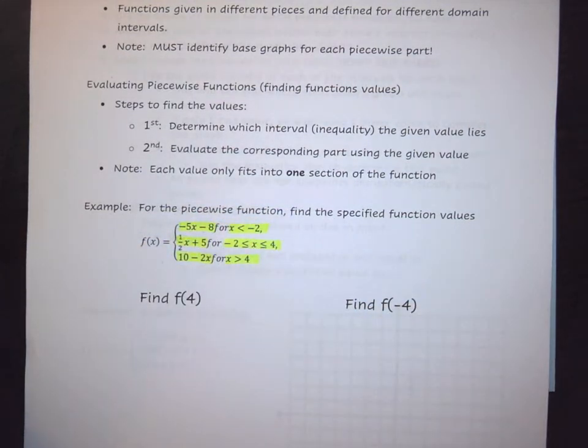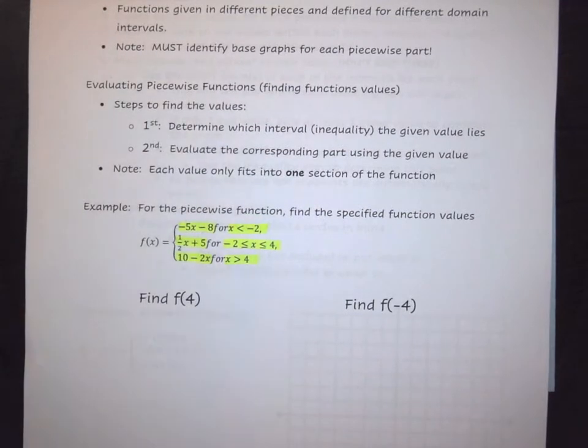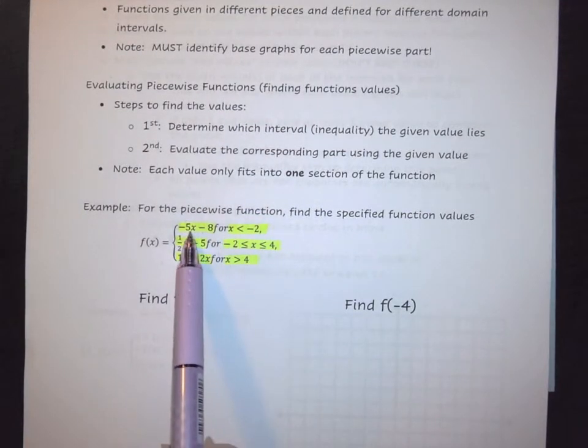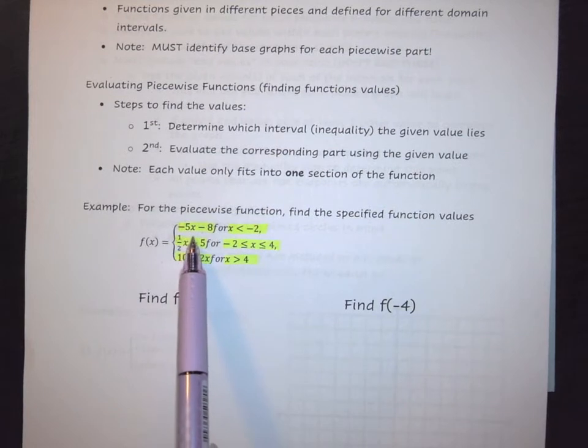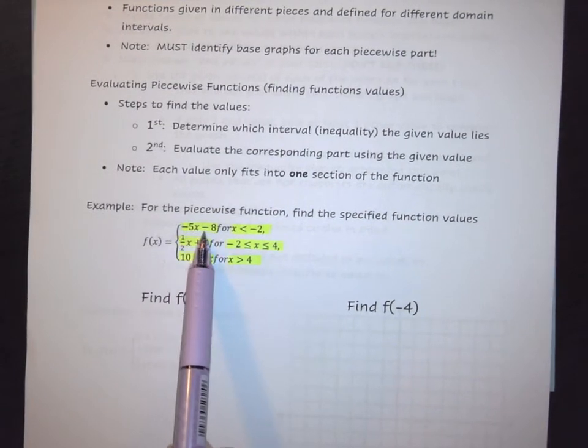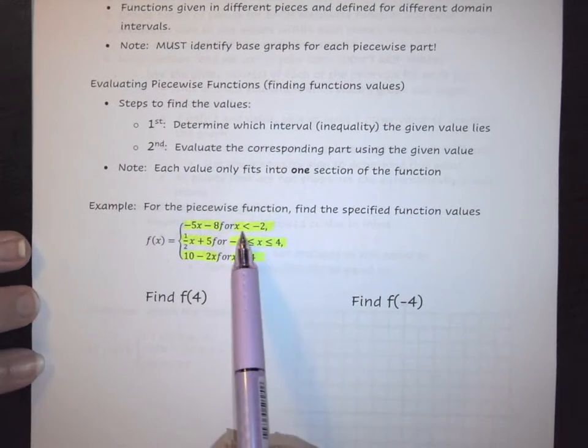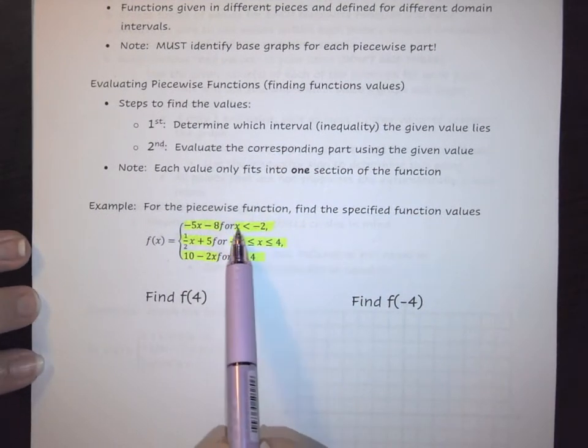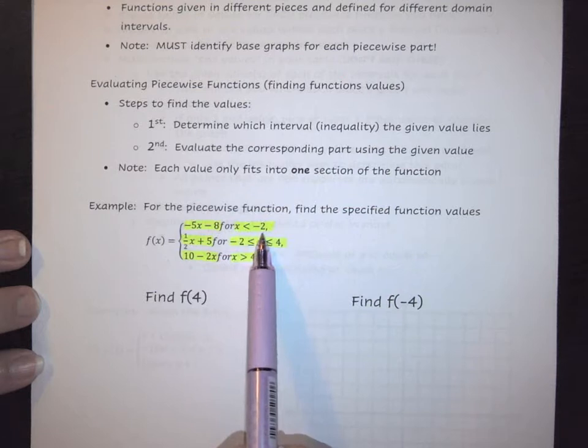So what happens in a piecewise is you would look at this function as I have the equation negative 5x minus 8, and this equation only exists for x values that fall within this direction, where x has to be less than negative 2.